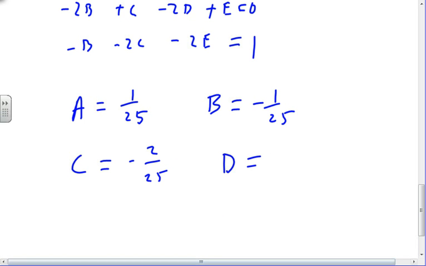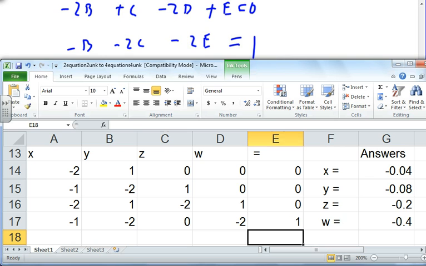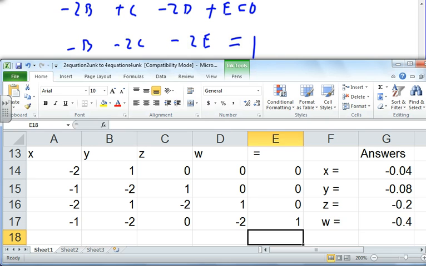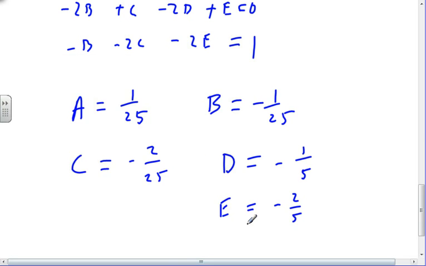D is minus 1/5. And E is minus 2/5. Well, that doesn't look that bad. Does that look that bad? That doesn't look that bad.